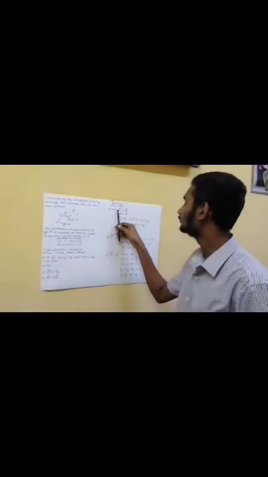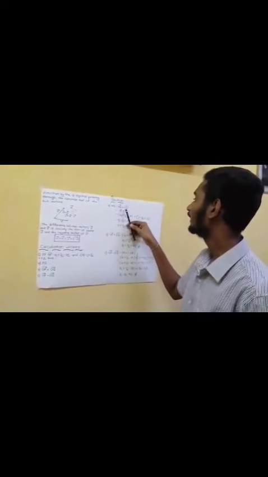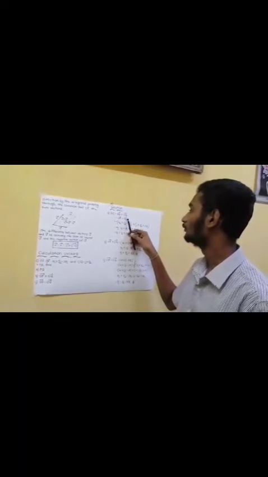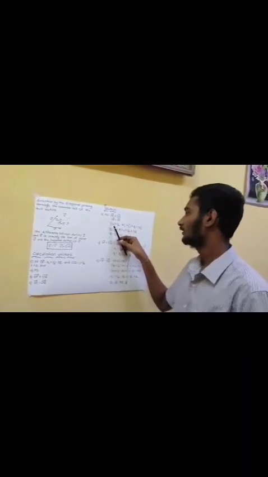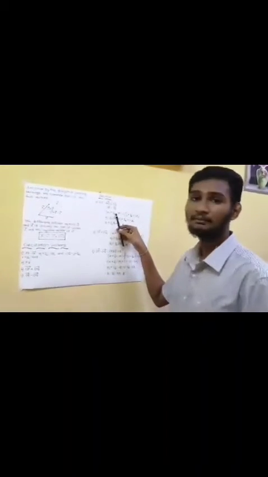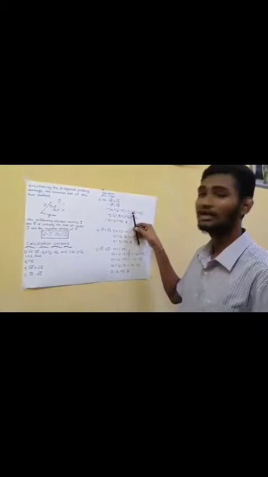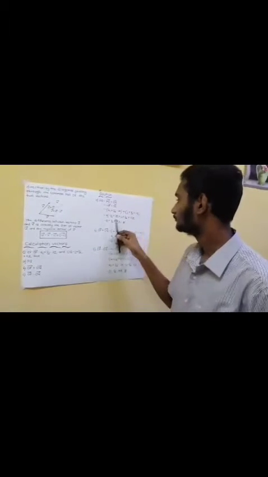PQ equals PO plus OQ. Then we can change it to minus OP plus OQ. Minus OP is negative bracket 4i plus 2j minus 3k, close the bracket, plus OQ is open bracket i plus 5j plus 11k, close the bracket.